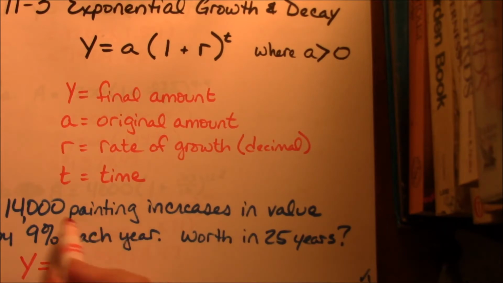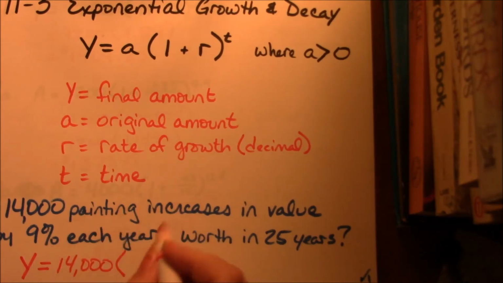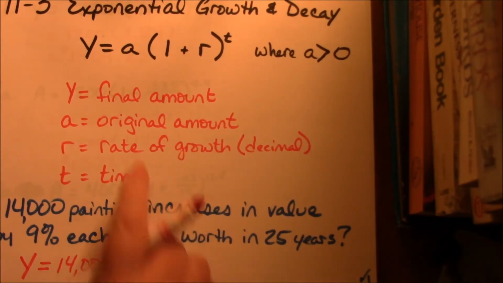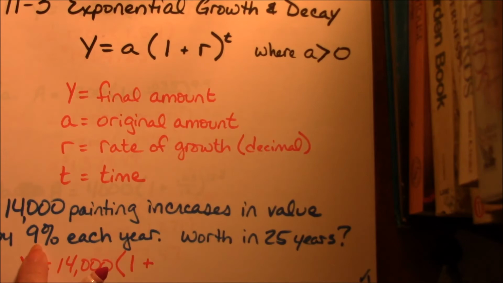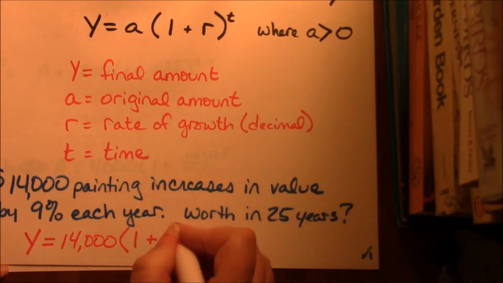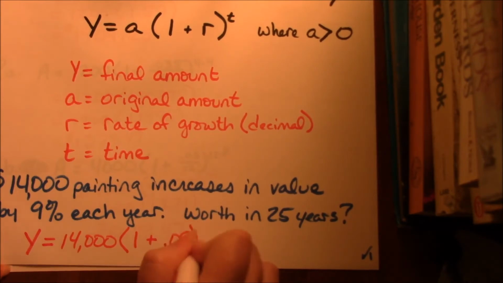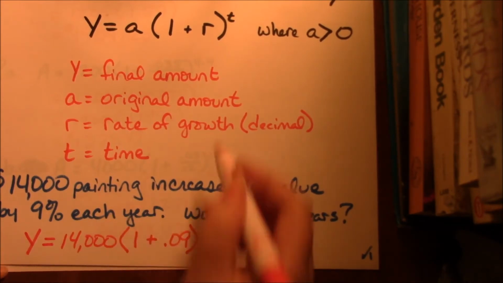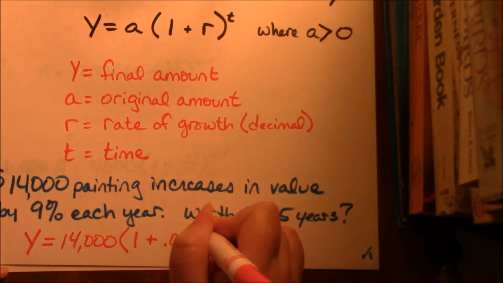Well, the original amount of the painting is $14,000. And so we're going to put a 1 and a plus and then R. It increases by 9%. I'm going to make 9% into a decimal. That's 0.09. And each year, T is years. How many years? Well, 25 years.